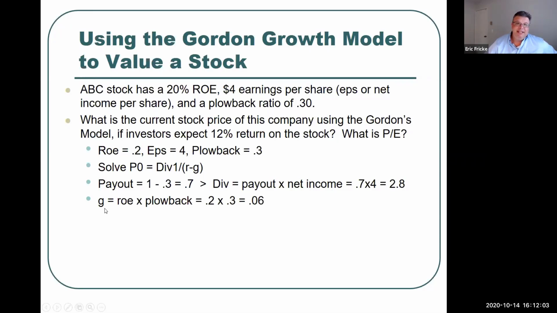Now we want to estimate G. And G is equal to ROE times plowback. So that's going to be 0.2, which we're given, times the 0.3, which we're also given. And so that means the growth rate is 0.06.